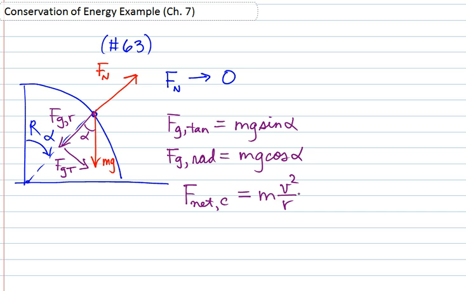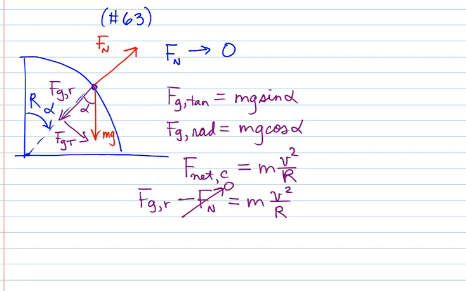Inward forces are always positive, so Fg radial minus F normal is equal to mv squared over R. I'll use a capital R for the radius, to keep things consistent. The normal force goes to zero, and Fg radial is mg cosine alpha. It looks like we have one equation but two unknowns, alpha and v.